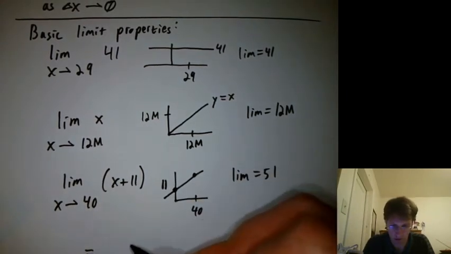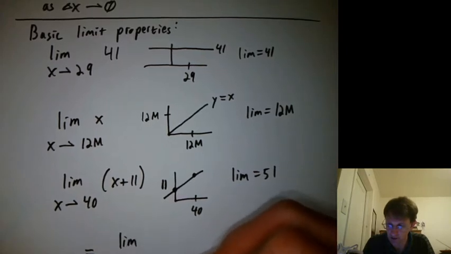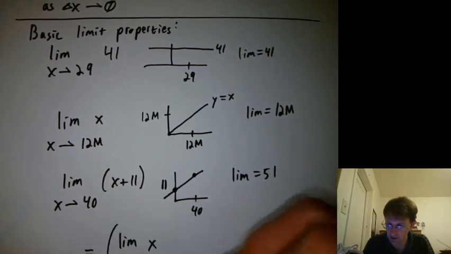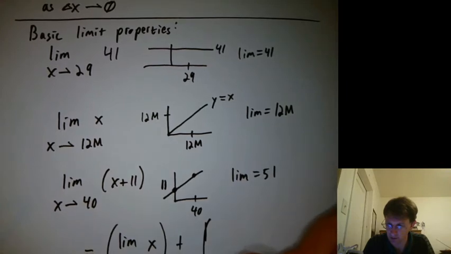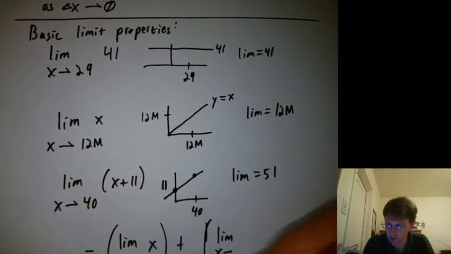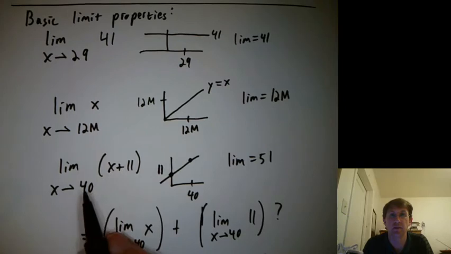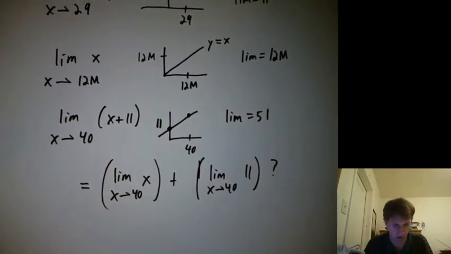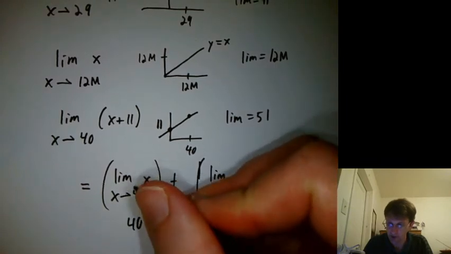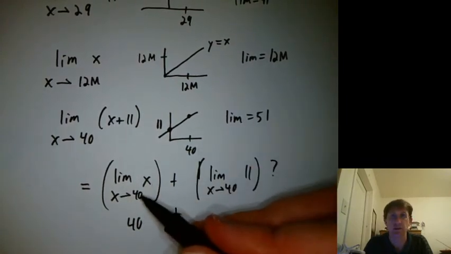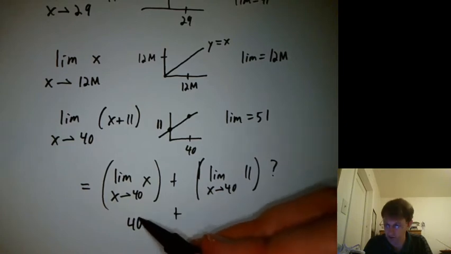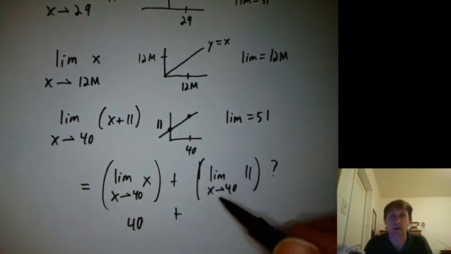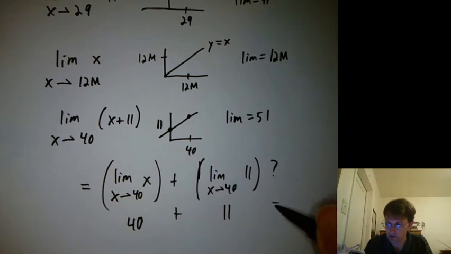Can we say that this is equal to the limit as x goes to 40 of x plus the limit as x goes to 40 of 11? Can I say the limit of a sum is the sum of the two individual limits? The result here is 40 plus 11, because the limit of x as x goes to something is that something, and the limit of a constant as x goes to 40 is that constant.